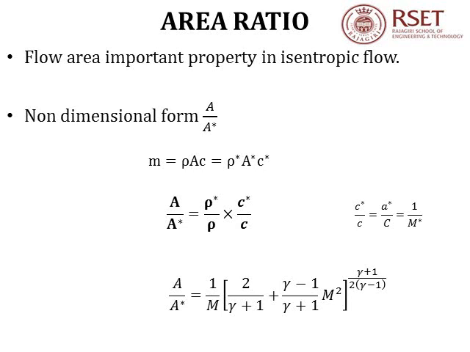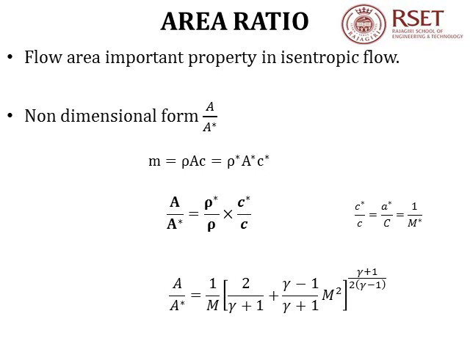We can write by applying the continuity equation at a static condition and at a sonic condition as rho A C is equal to rho star A star C star. We rearrange it to write A by A star, that is area ratio, as rho star by rho multiplied by C star by C.